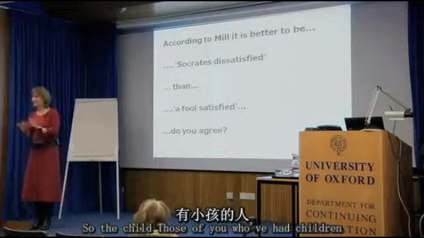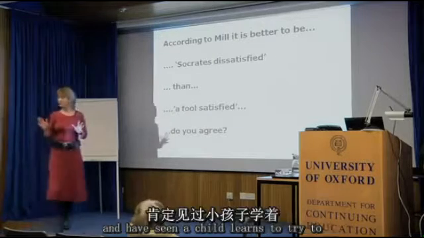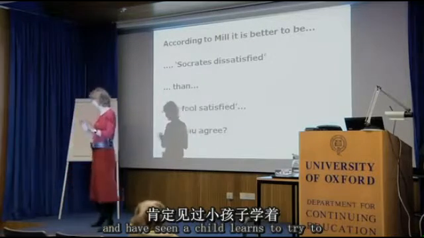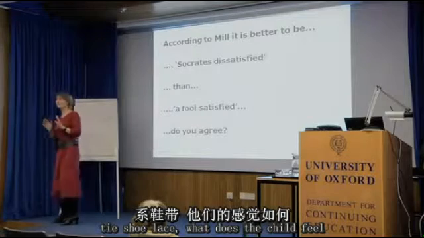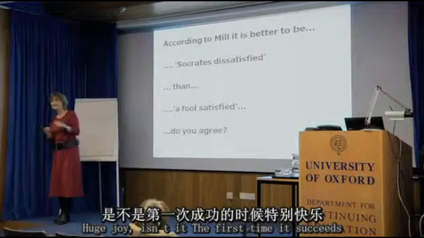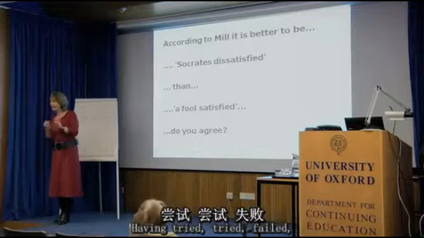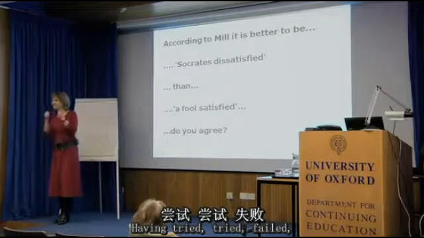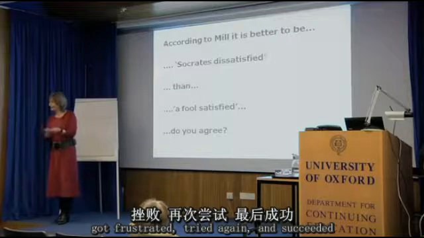Those of you who've had children and have seen a child learn to tie its shoelace, what does the child feel? Huge joy, isn't it? The first time it succeeds, having tried, failed, got frustrated, tried again and succeeded.